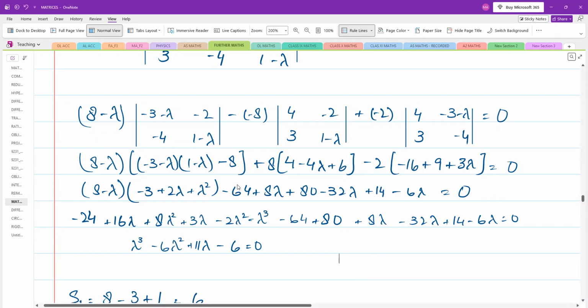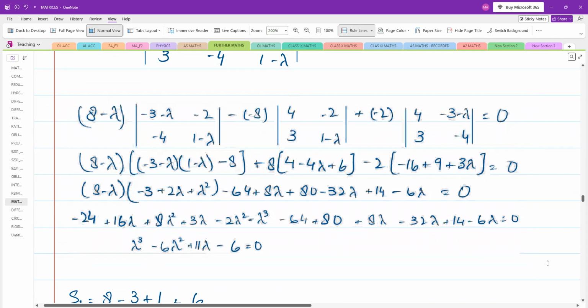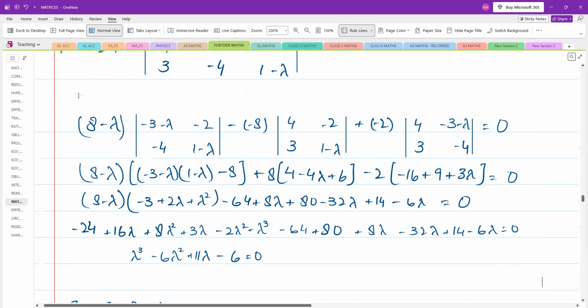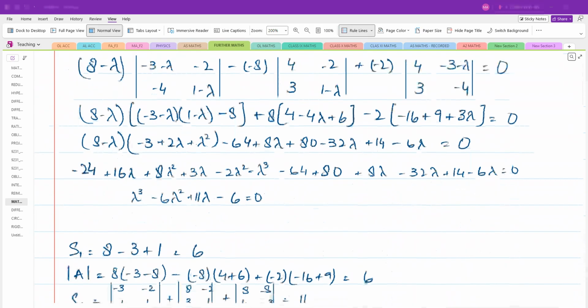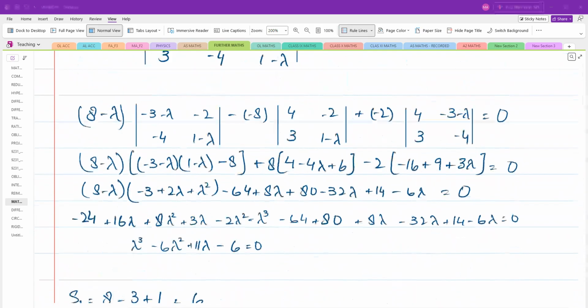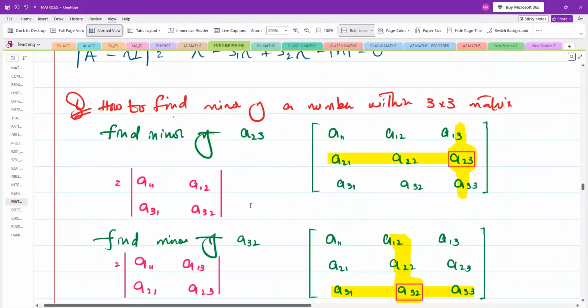Moving onwards. I assume there is no problem in this calculation apart from the fact that it is not neat and clean. It is a lot of algebra because this is just us taking the determinant for this matrix over here. Now, this is not discussed right now.